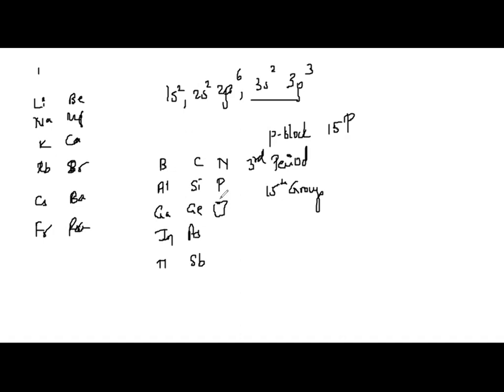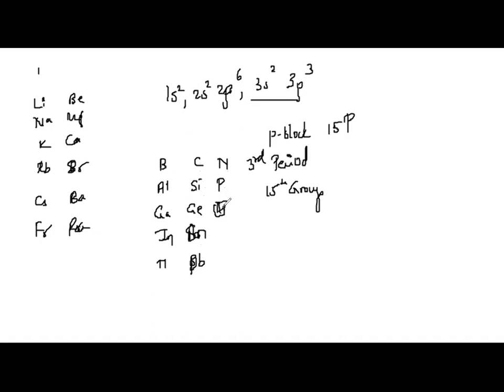Therefore, in such cases, what I suggest is either you should know which element is present, or you should know how to find the next element's atomic number. Carbon, silicon, germanium, I'm sorry, it is tin here, and then lead.